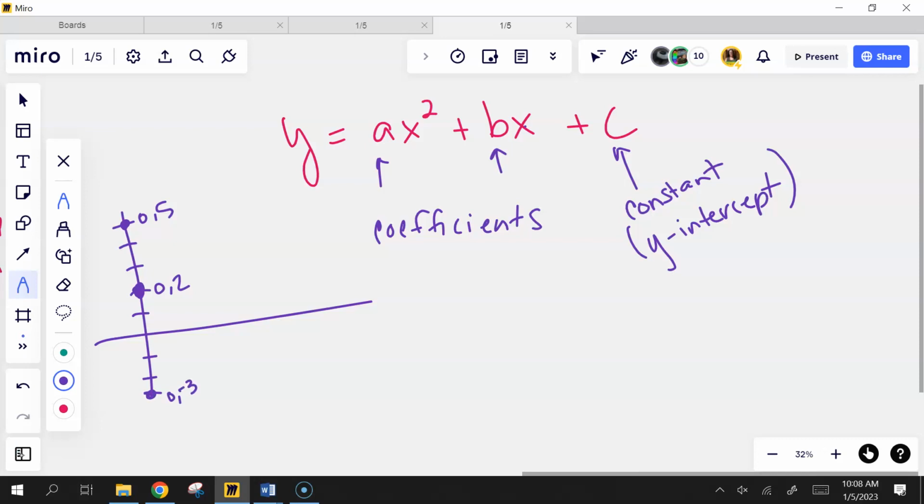What always happens at a y-intercept? The x is always 0. So to find a y-intercept, I can plug a 0 in for the x. If you put a 0 here and a 0 here, what happens? And it leaves you with the constant. That's why the constant is the y-intercept.